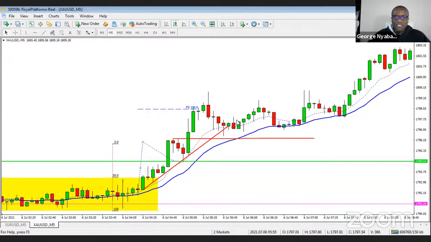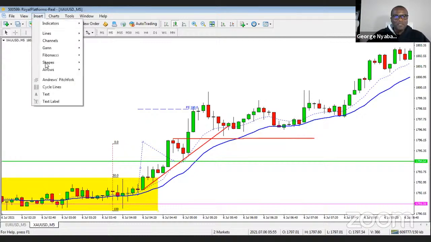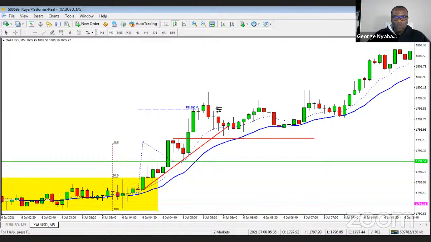I've sized it correctly. Okay, so you would put your entry there. Now, if you did that, your mindset is saying all of this could just be the first leg of a bigger move.